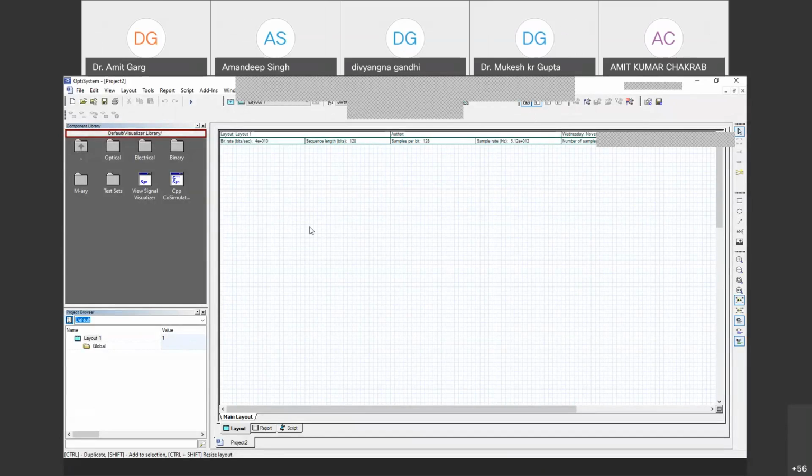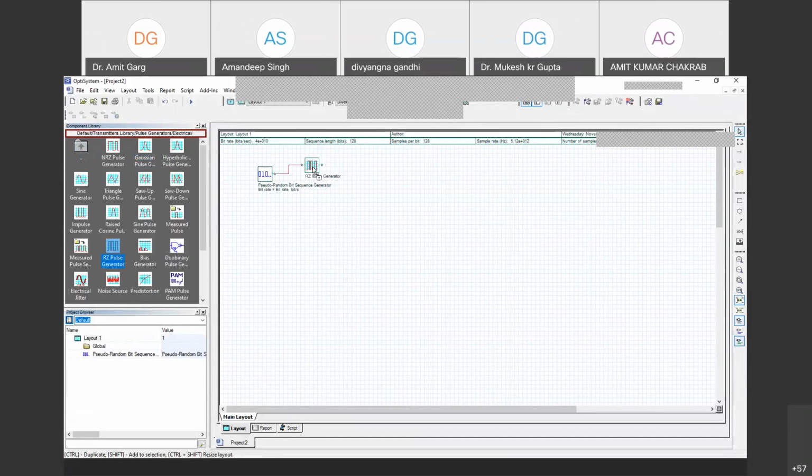Okay, so this is all set up. Now we are using pseudo random bits, then the pulse generator RZ.